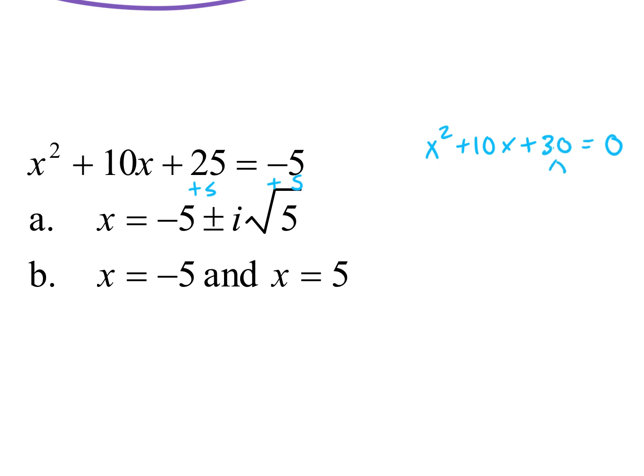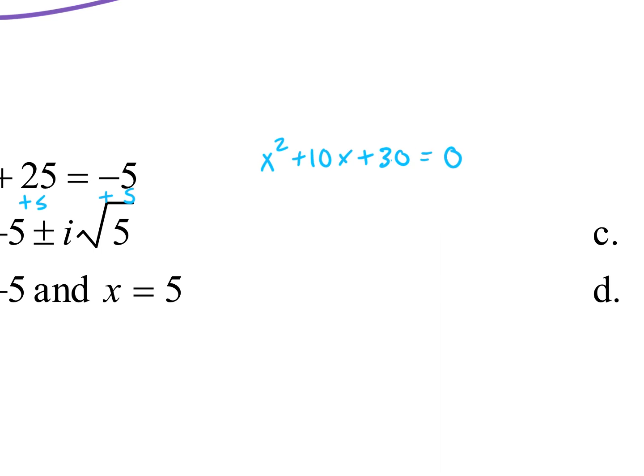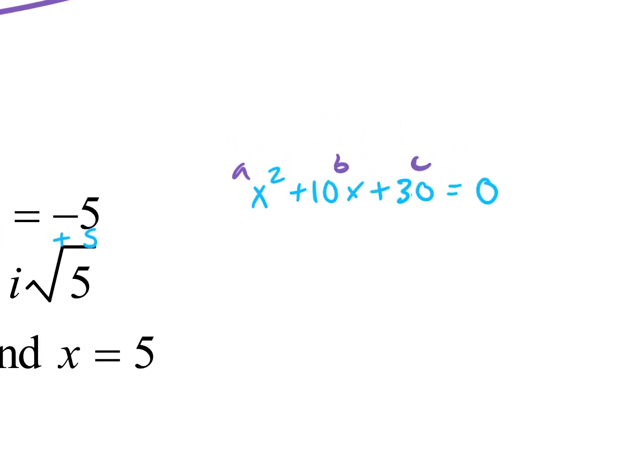Do I have two factors of 30 that add to 10? No. So what happens if it doesn't factor? Have to do the quadratic. So this would be A, B, and C. Anybody remember our quadratic formula? Yes.